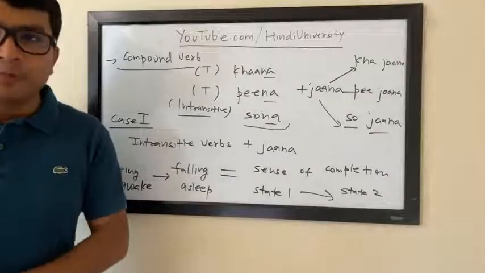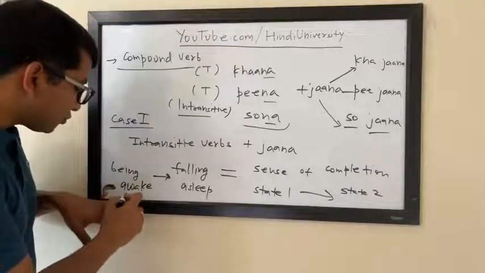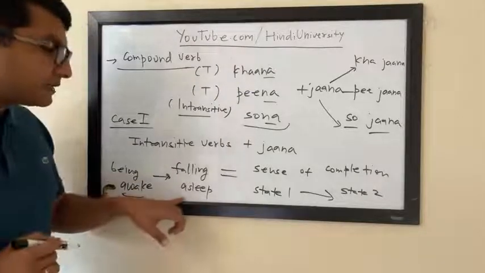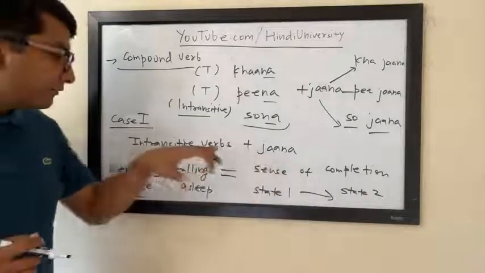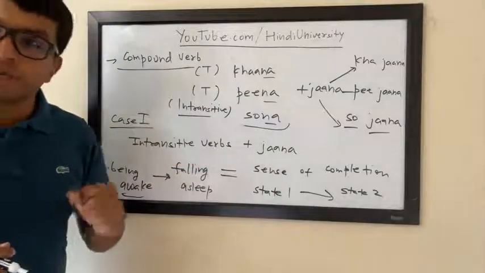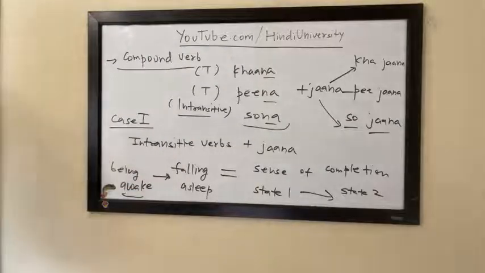There is definitely not a compound verb, but in Hindi there is an additional thing: when you want to show this transition from being awake to falling asleep, you end up using jana with sona. You'll say sojana. That's the transition you're trying to highlight here.